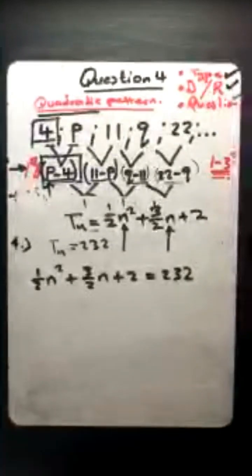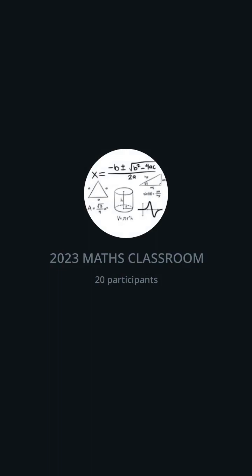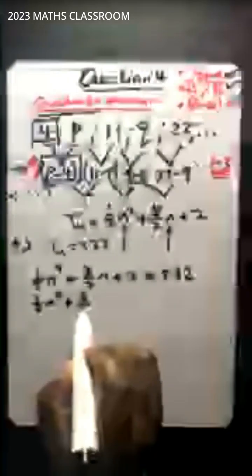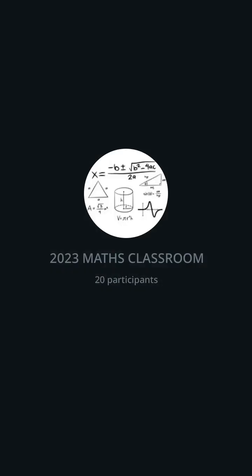So that means you might need to say plus 3 over 2n plus 2, and then you take this to another line, which is equal to 0.